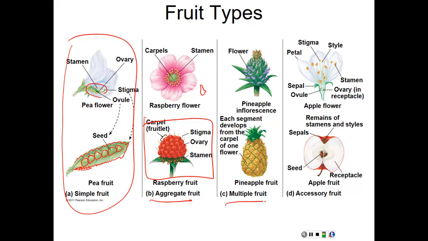There's also what we call multiple fruits. A multiple fruit forms when we have a tight cluster of flowers that all fuse together during ripening and become kind of one fleshy unit. So a great example is a pineapple. You may have noticed when you cut a pineapple, a lot of times you get these really annoying leafy type structures.